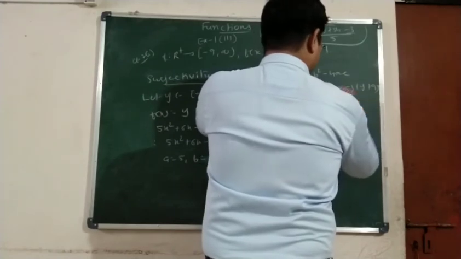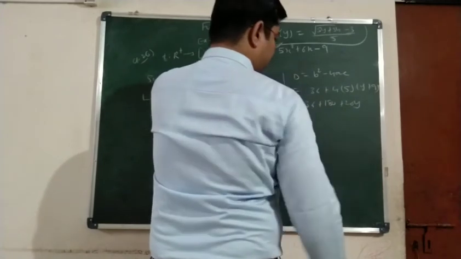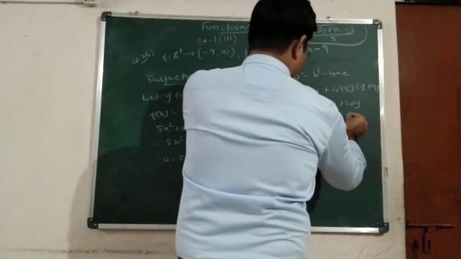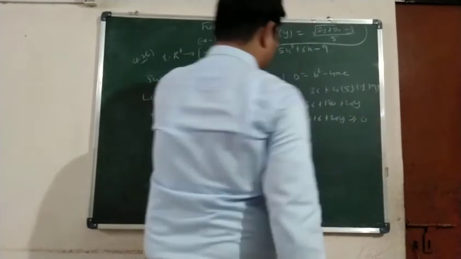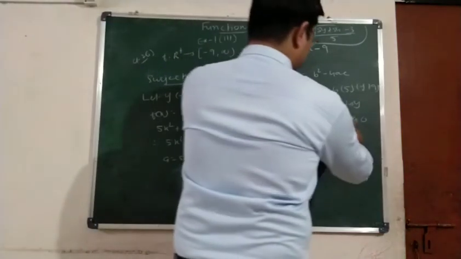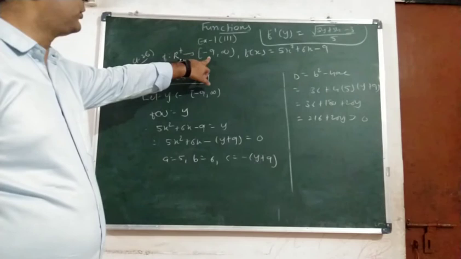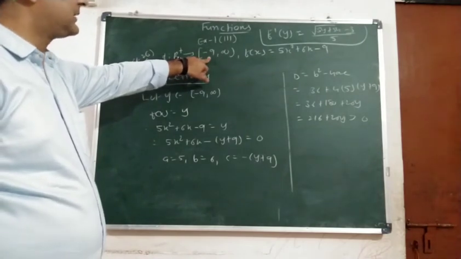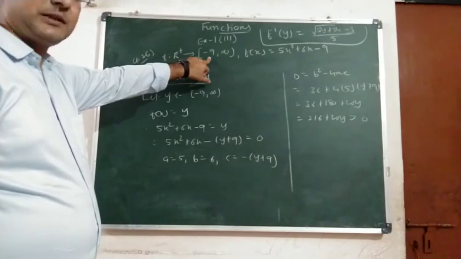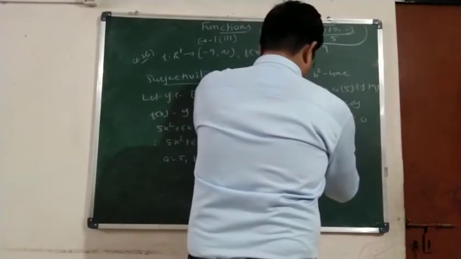Obviously 180 plus 36 is 216 plus 20y. This will always be greater than or equal to 0. Even if you put minus 9, so 216 minus 180 will be greater than 0.